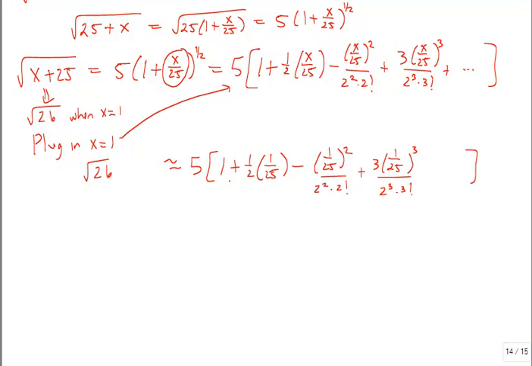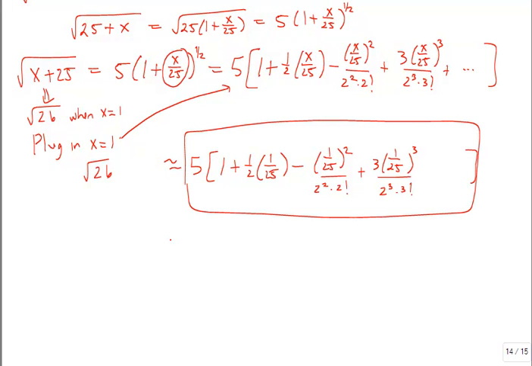You're just going to type in 1 plus 1/2 times 1/25 minus 1/25 squared over 4 times 2 is 8, and so forth, and then multiply all of that by 5. So you punch all of this into your calculator, and what you're going to get is 5.09902. So that's our approximation to the square root of 26.